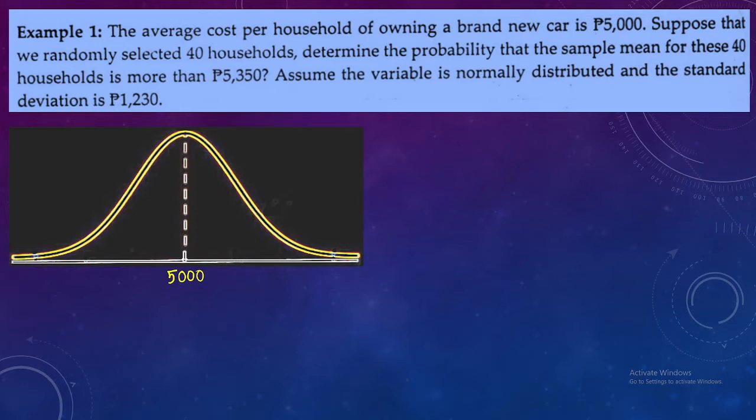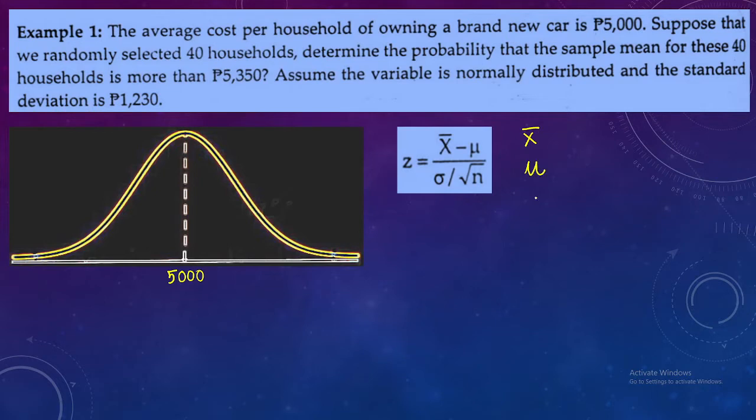Suppose that we randomly selected 40 households. So take note, I'm going to be having the sample mean, the population mean, the standard deviation, and our sample size.